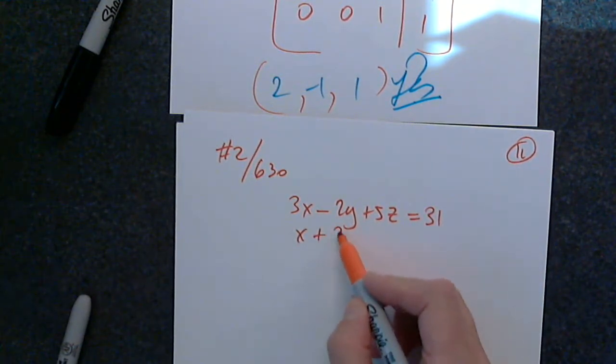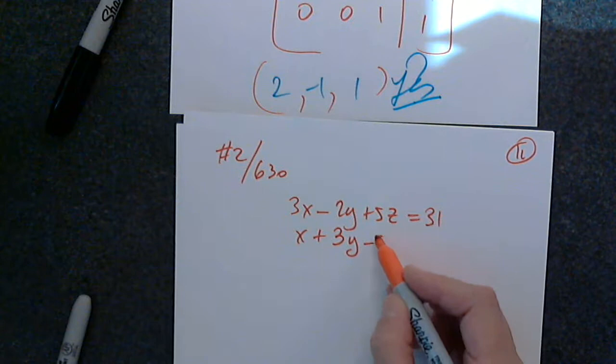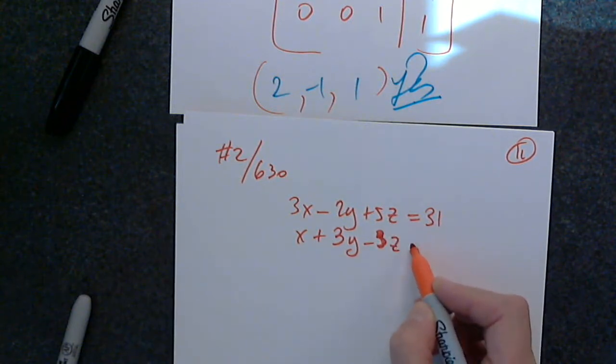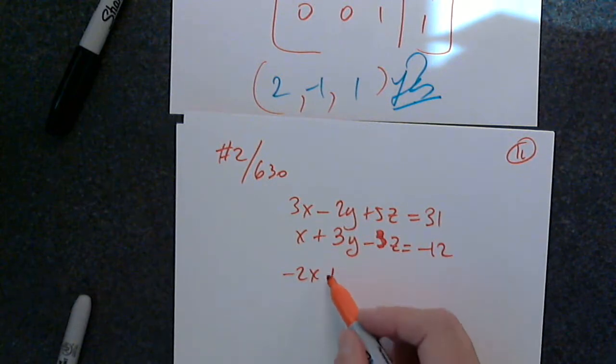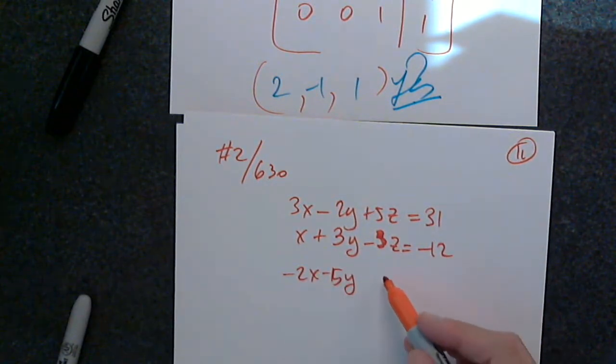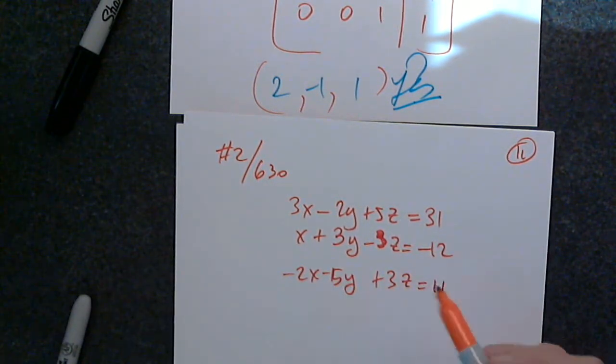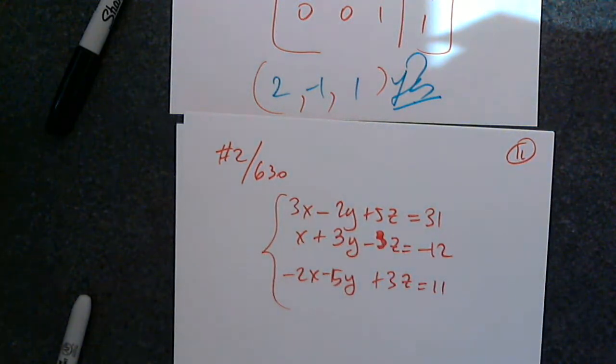It's x plus 3y minus 3z equals negative 12, and negative 2x minus 5y plus 3z equals 11. So I'm checking. 3x minus 2y plus 5z equals 31. Yes. x plus 3y minus 3z equals negative 12. Yes. And negative 2x minus 5y plus 3z equals 11. Yes.